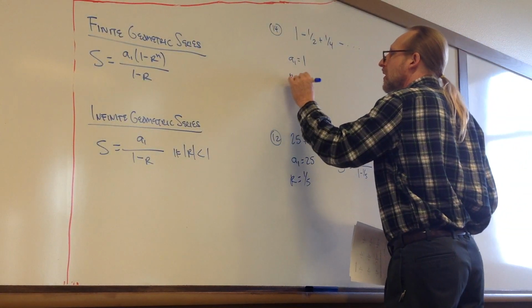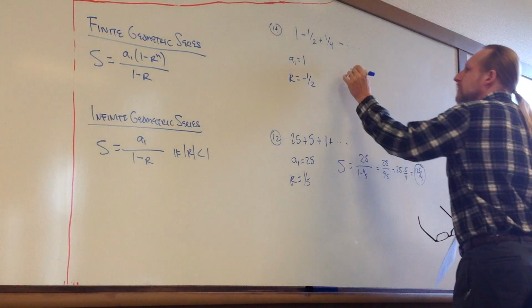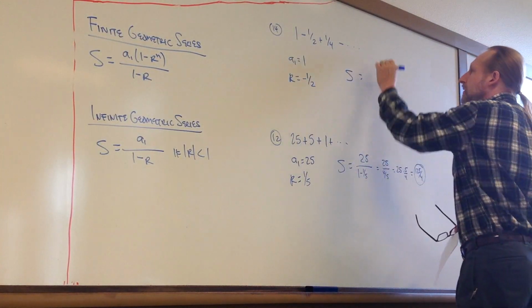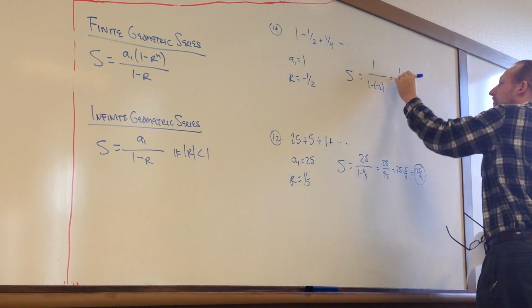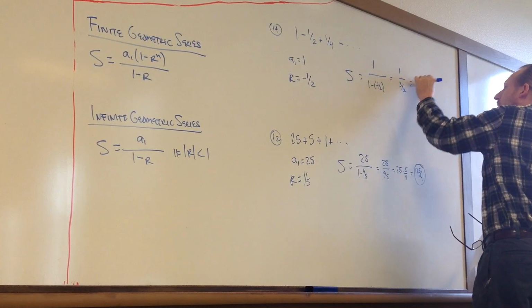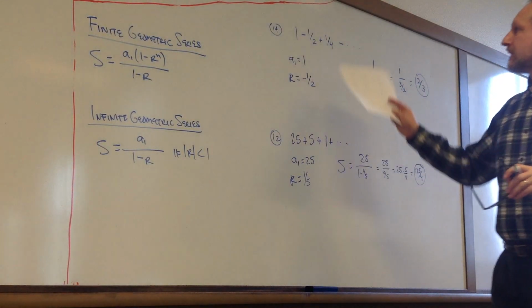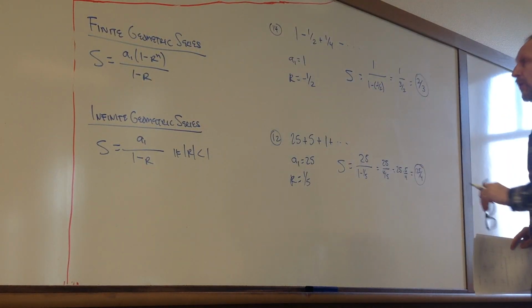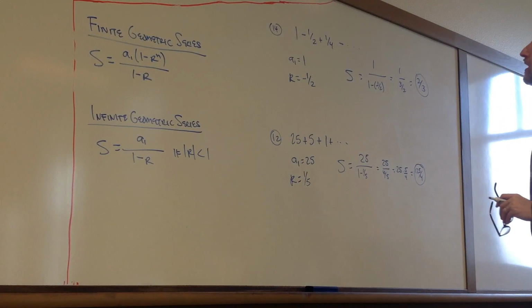All right, so our r is negative 1/2. And so that means our sum is going to be a1 over 1 minus negative a half, or 2/3.